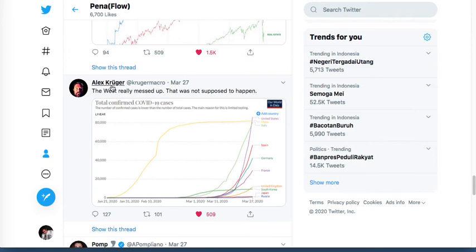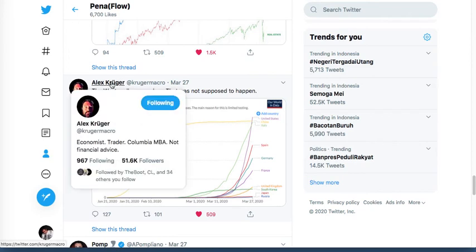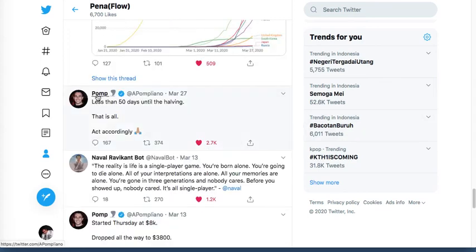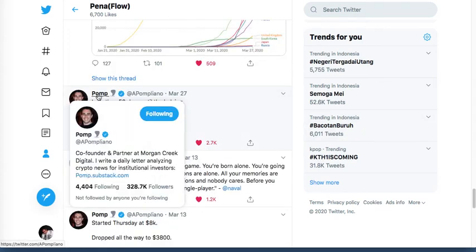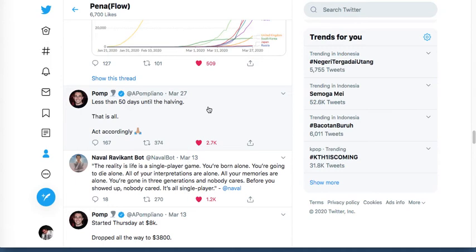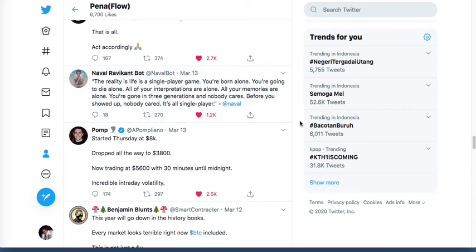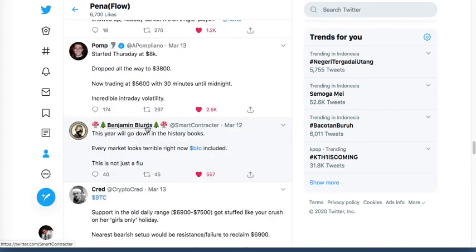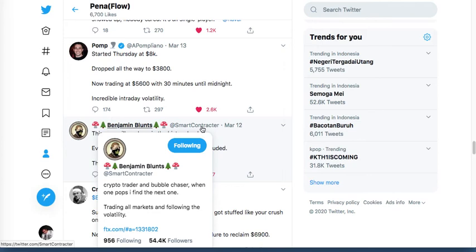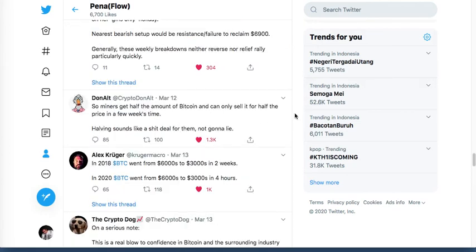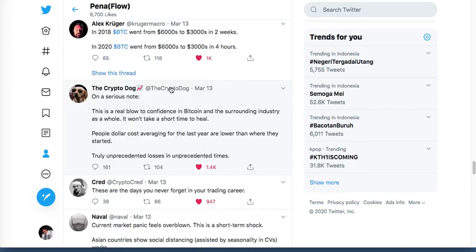This guy is also macroeconomics, so he's quite cool to follow for macro economy. Pump is the biggest maximalist on Bitcoin. He's the biggest guy who pushes everything, the strongest guy, so it's cool to follow him. Naval bot belongs to Naval. Benjamin Blunt is a very good trader, a smart contractor on Twitter, really, really good. Crypto Dog is also a very good trader.